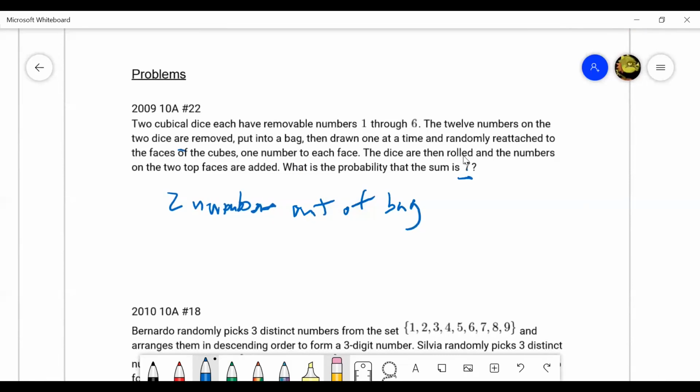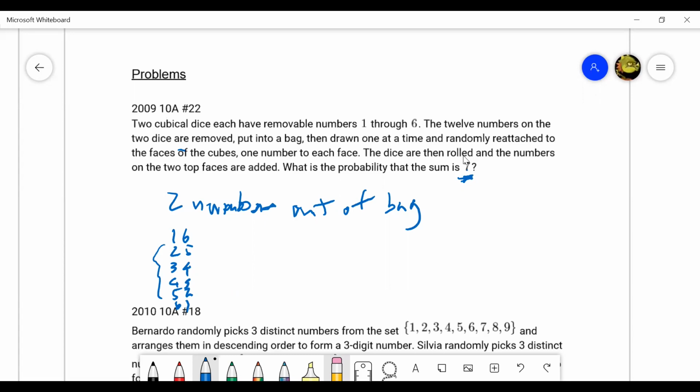It's convenient that the number you have to find the sum of is just 7, because 7 can be made using 1 and 6, 2 and 5, 3 and 4, and 4 and 3, 5 and 2, 6 and 1. So in reality, to get a sum of 7, it doesn't matter what the first number you choose is.